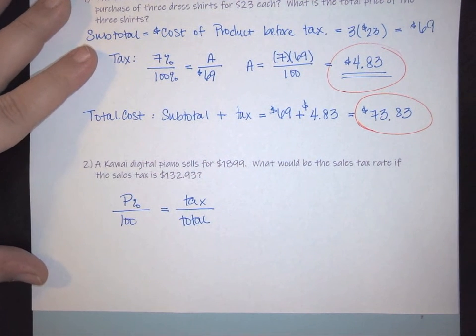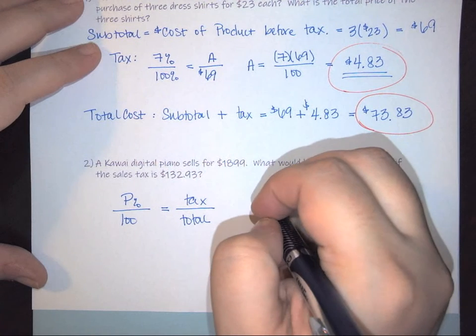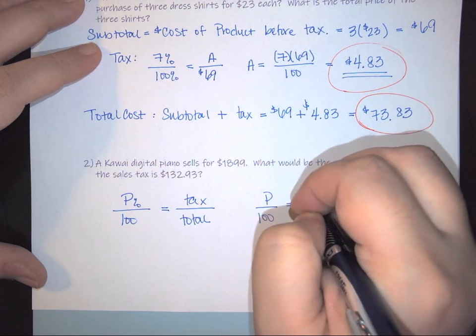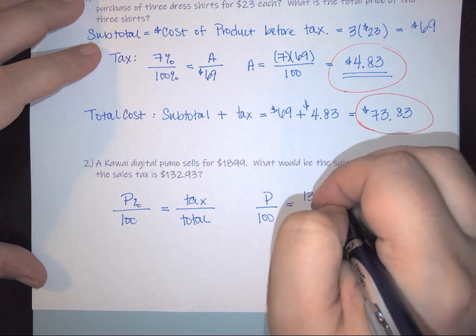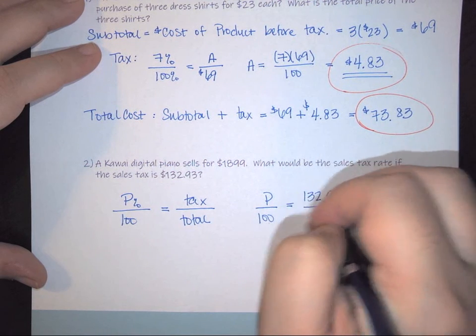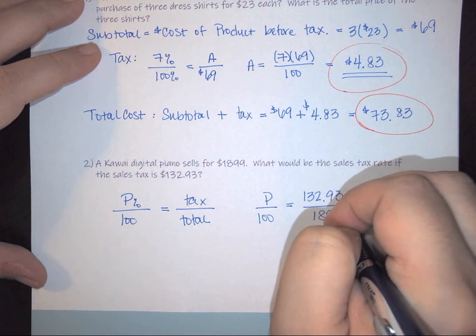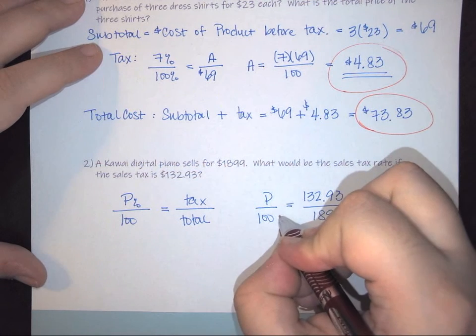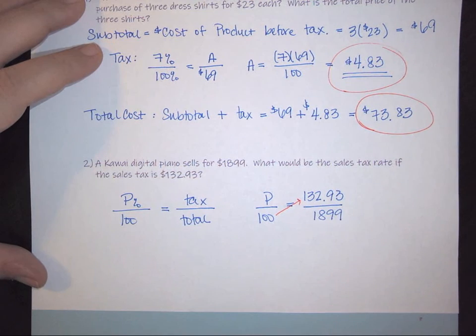So here we would have my percent is to 100 as 132.93 is to 18.99. So here, to find my percent, I would take my 100 and I would move it up.